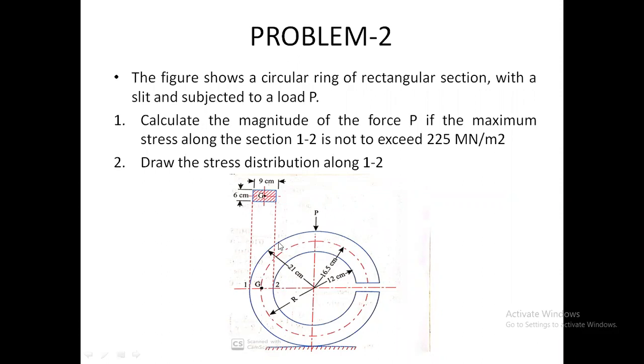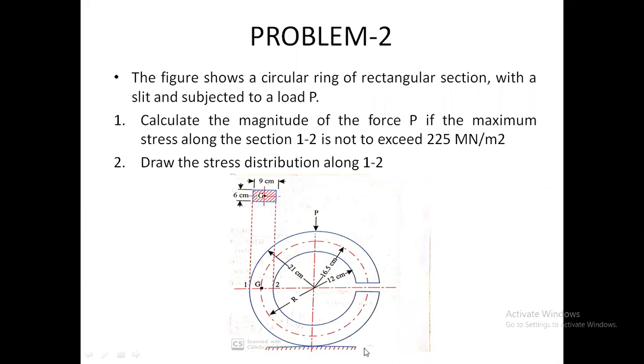It shows a circular ring which is completely a circle. There are 3 things you have to remember: one is the inner radius, another is the center radius to the neutral axis or the centroid of the section, and the next one is the outer radius.